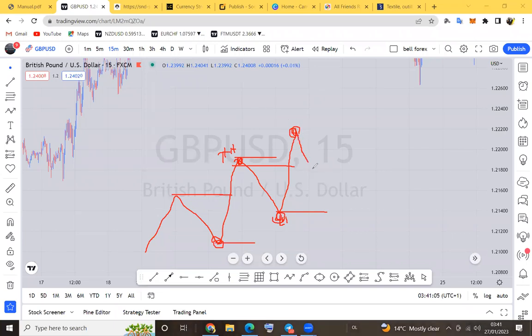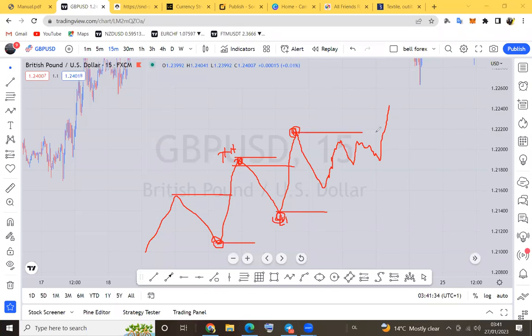Now, this market moves down again. And as it moves down, it begins to struggle to go up, and you have something like this. Struggling to go up. Now, the market begins to come down, and then definitely breaks up.